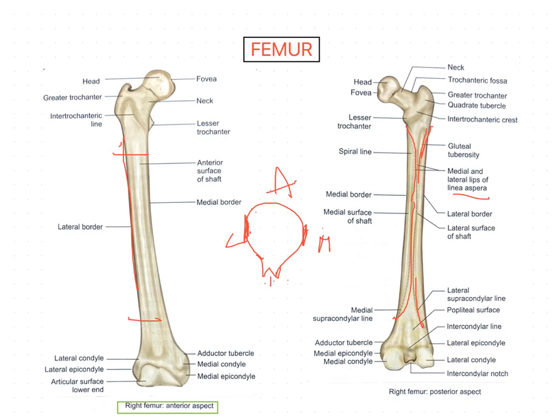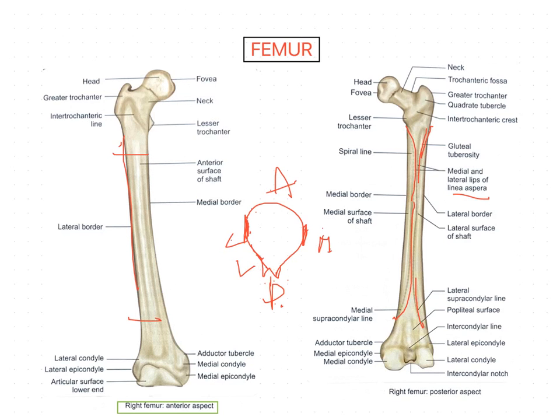Coming to the lateral surface, it lies between the lateral border and the posterior border. This surface faces backwards and laterally. If you see the medial surface, it lies between the medial border and the posterior border.